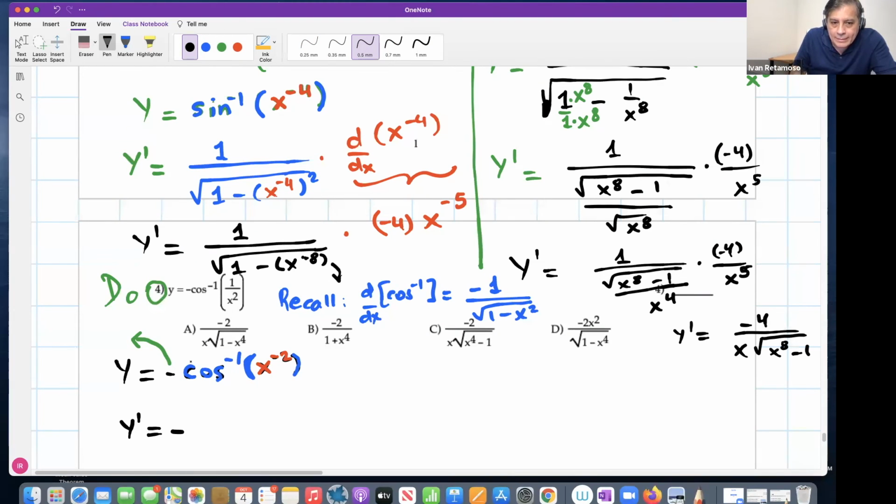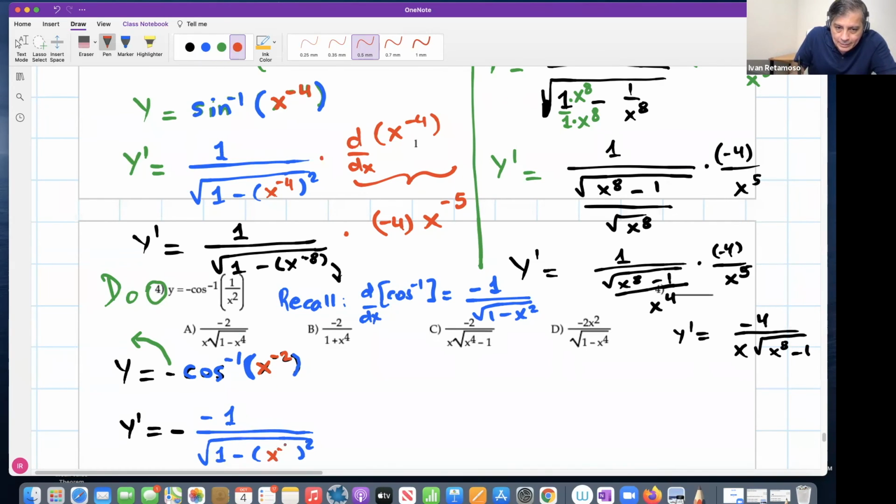I focus my attention on taking the derivative of this composite function, right? The derivative of cosine inverse is minus 1 over the square root of 1 minus something squared.